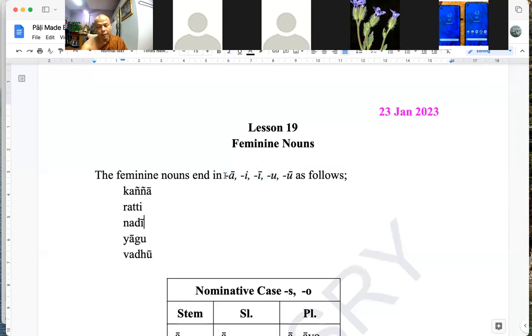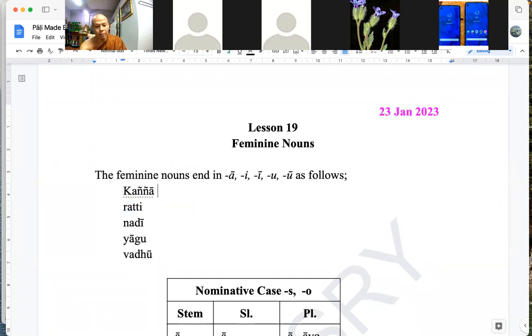So ending in the long A, not short a. In masculine and neuter, like Buddha or Phala, they end in short a. But here, ending in long A, like Kanya here. And also the other noun ending in the I, like Rati.